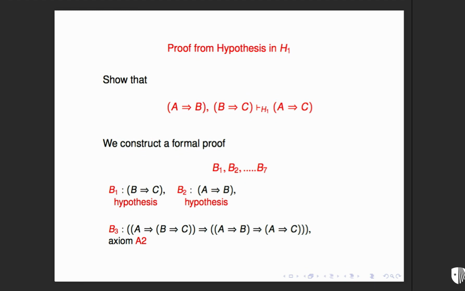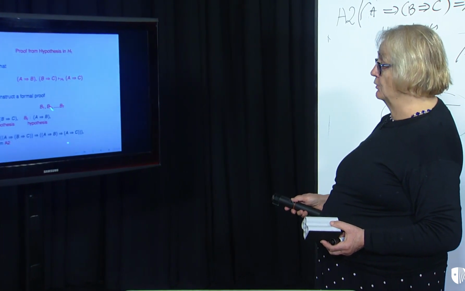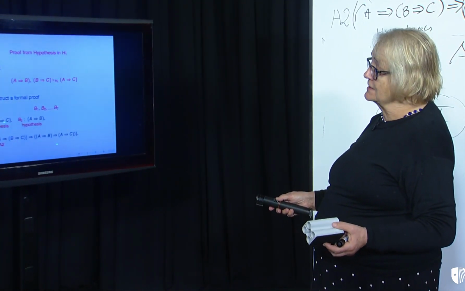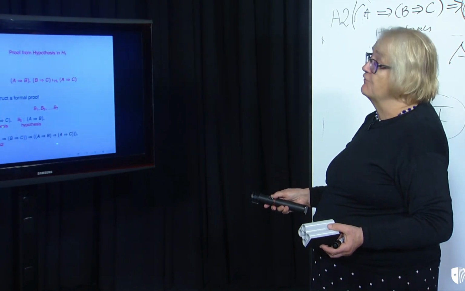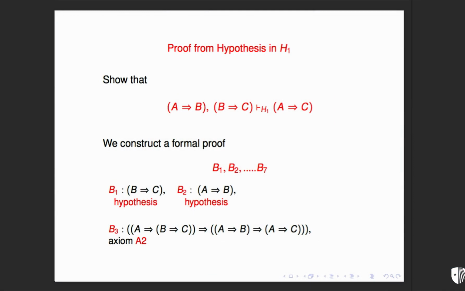I want to see if I can prove A implies C using those hypotheses. So in the formal proof, you can write a logical axiom, but you can also write a hypothesis. So hypothesis is extra information. So we have the information that I have B implies C, I have A implies B, and I have axioms.